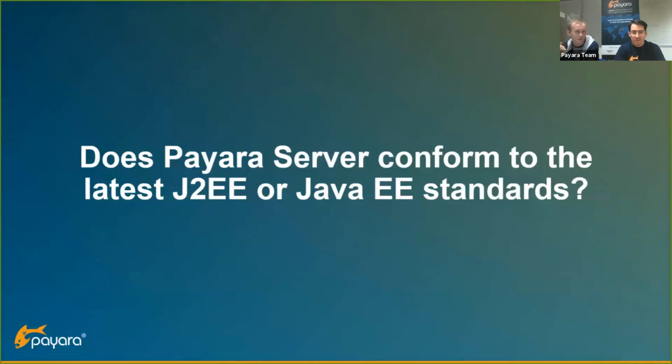And for any of you who have been following this, you'll probably have heard that Oracle have been transferring Java EE over to Eclipse, and it has since been renamed Jakarta. Jakarta EE is the Eclipse version of Java EE, essentially. And it doesn't mean that it's for the Eclipse IDE, it's the Eclipse Foundation.